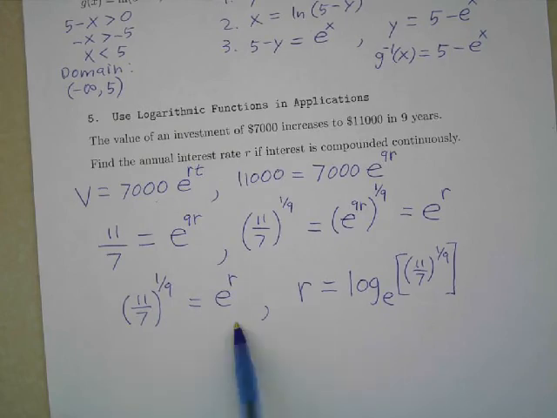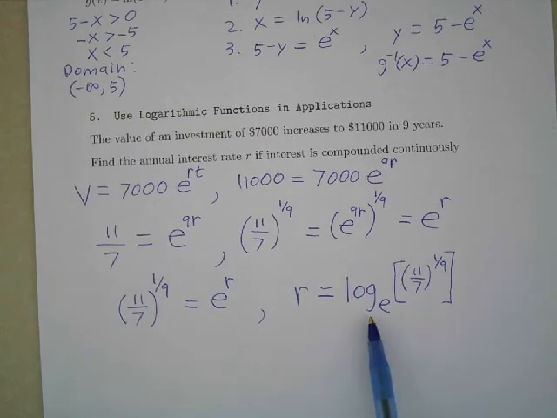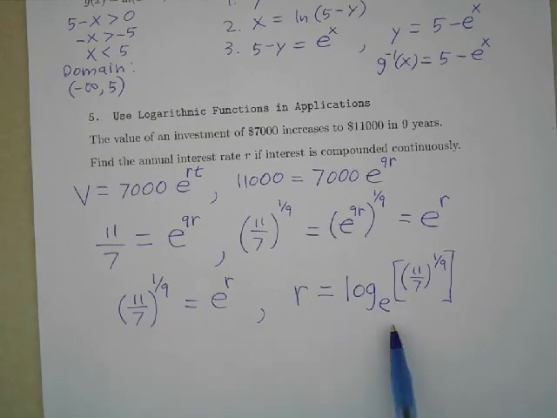This one is an exponential equation, and this one is a logarithmic equation, but this shows us what the value of r is. It doesn't show us what the decimal number is, but it's in a form that we could easily use a calculator to compute. The more conventional notation for the base e logarithm is the natural logarithm.